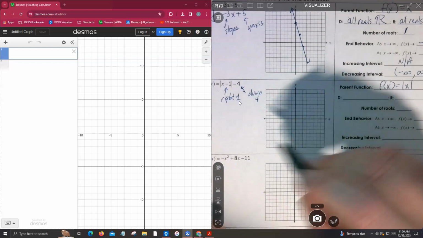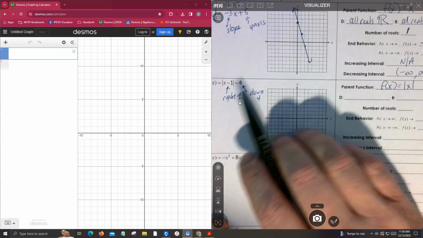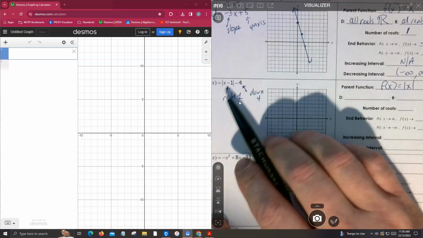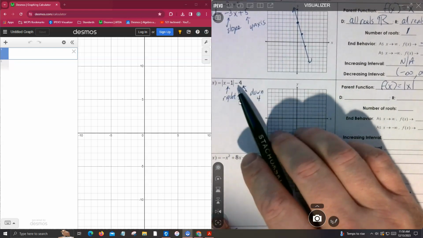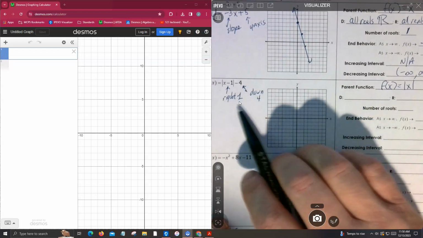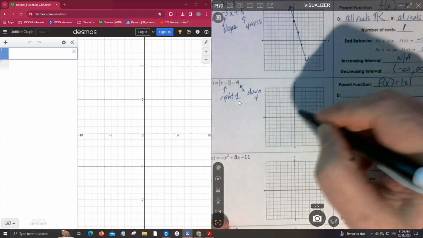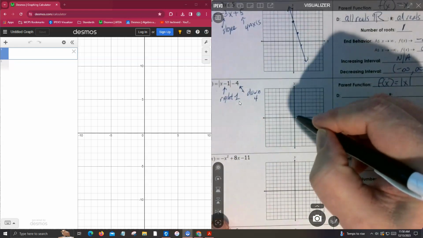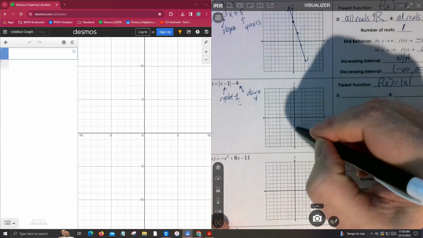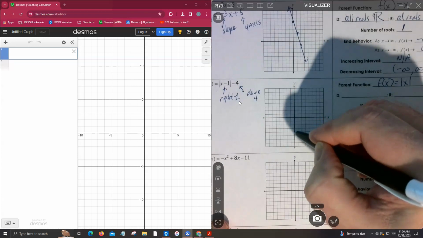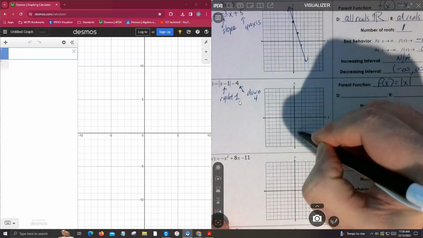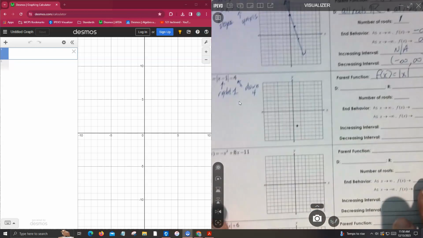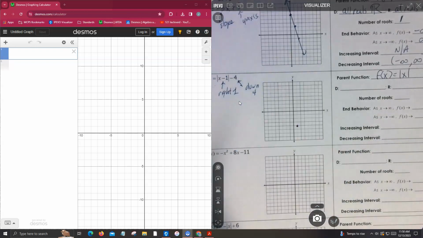Remember, it's a V shape. So all I'm going to do is move those points to this location. I take a point which normally would be at 0, 0, and move it down 4 and to the right 1. Okay, and so there's my new vertex, my new starting point.